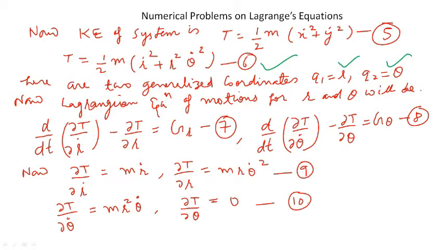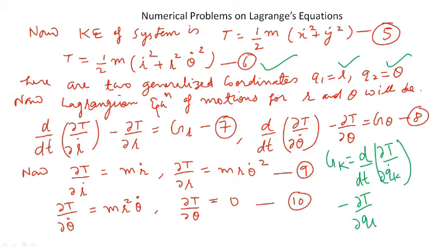So for the generalized force, you know that when we derived the Lagrangian equations from the D'Alembert principle, your general value for the generalized force Gk was equal to d over dt of del T over del Qk dot minus del T over del Qk.